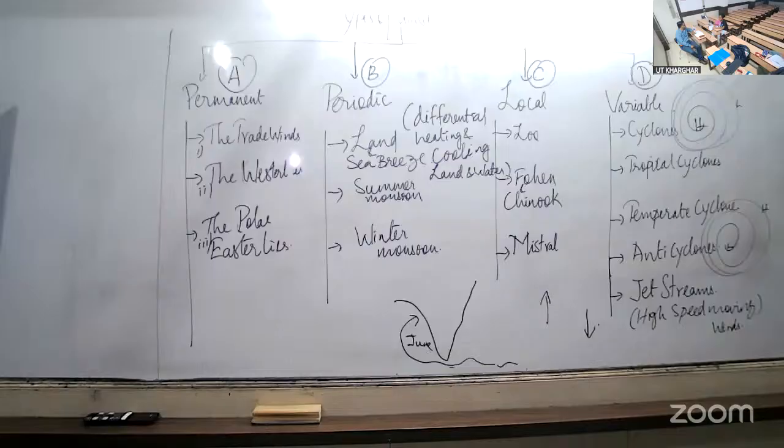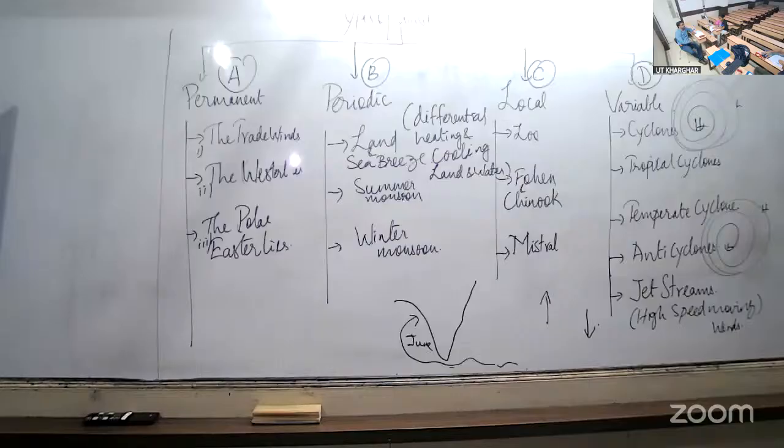Mistral. During winter, open bracket, areas adjacent to highlands may experience a local wind, close bracket. Second point, it originates over underline, snow-capped mountains or highlands, close bracket. These winds have been given local names. मतलब अलग-अलग जगह पर local names का. The most famous is underline, Mistral, which blows from the Alps in France towards the Mediterranean Sea.